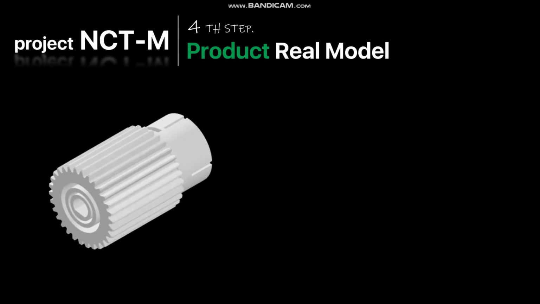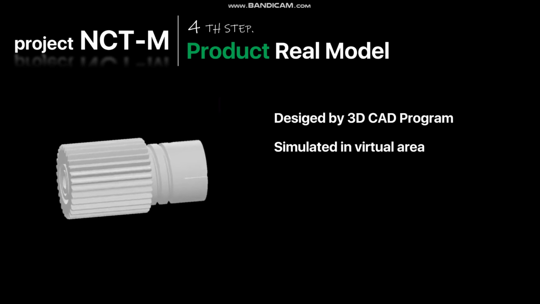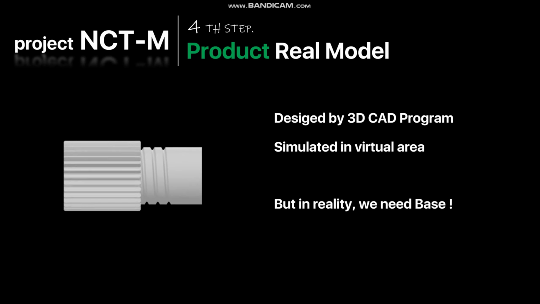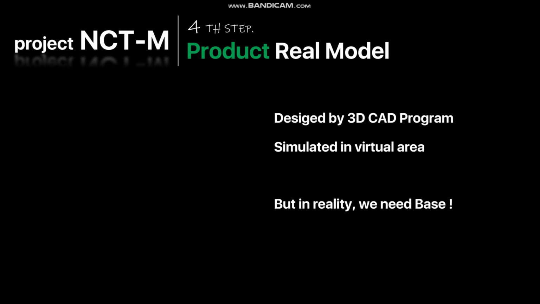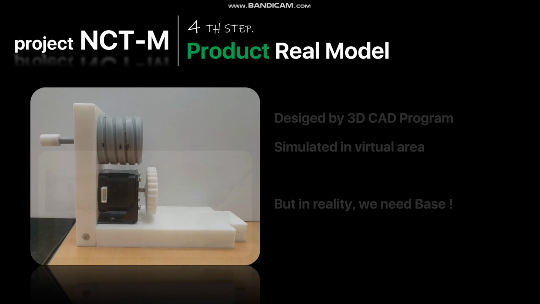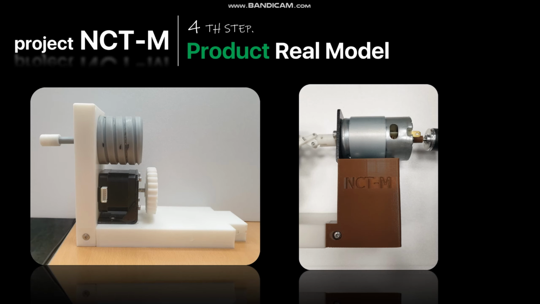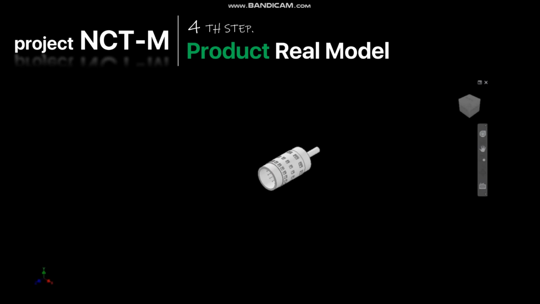Until now, we designed this assembled model in 3D CAD, so we simulated it in a virtual area. But in reality, we need a real base to support this system. So we printed a base part to mount our system like this. And we printed one more base to put the motor on. This is the final assembly of our product.